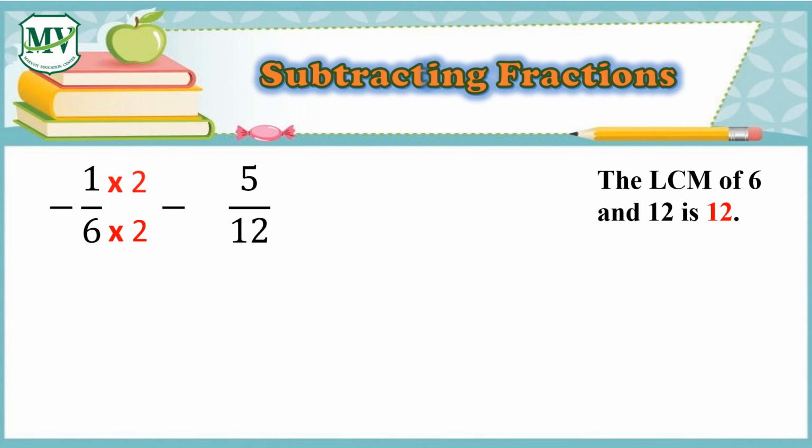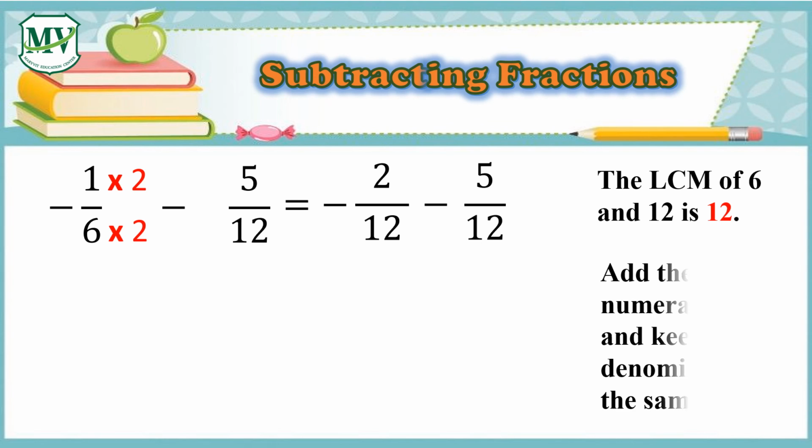So we have negative 2 over 12 minus 5 over 12. What is the next step? Add the numerators and keep the denominators the same.